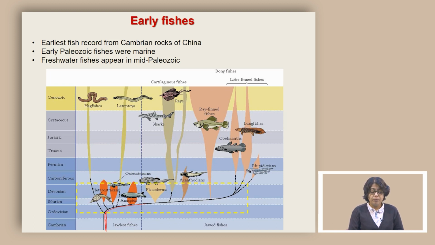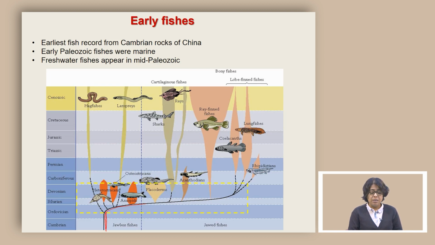And early Paleozoic fishes, so all kinds of fishes that we are looking at around this time, were probably marine, and the reason we believe that is because they are always found from marine rocks, the rocks which show a signature of marine sedimentation.